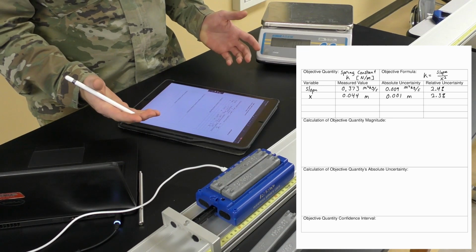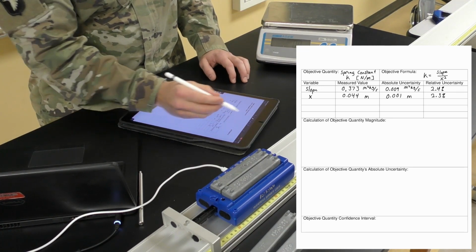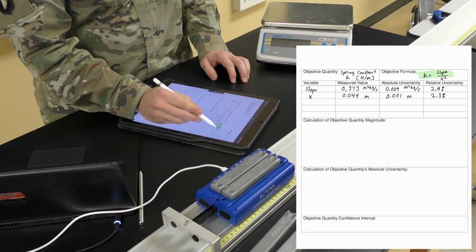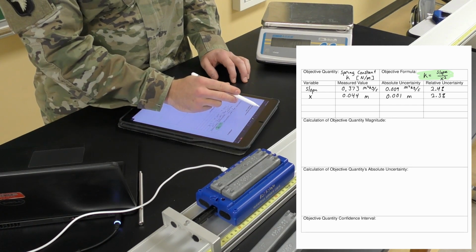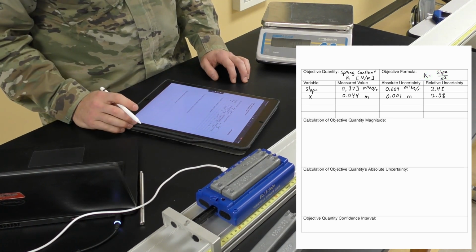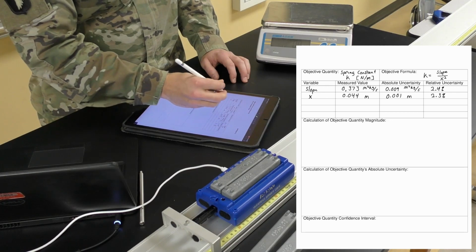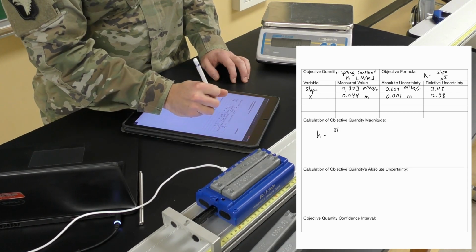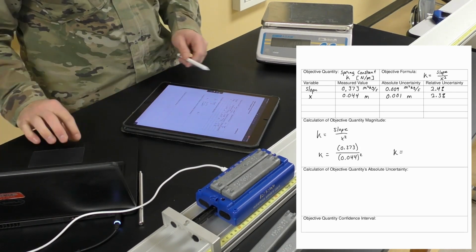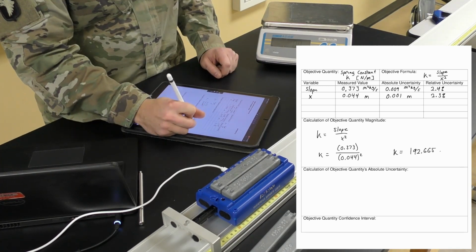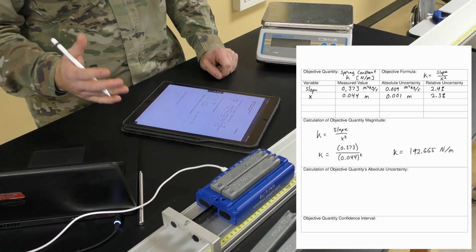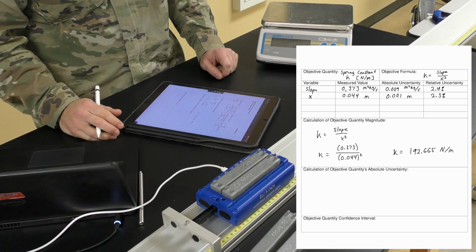I don't have any other variables in my objective formula, so I have everything in my table I need to move down to calculating the objective magnitude. I'm solving for K. And I get a value of about 193 newtons per meter.